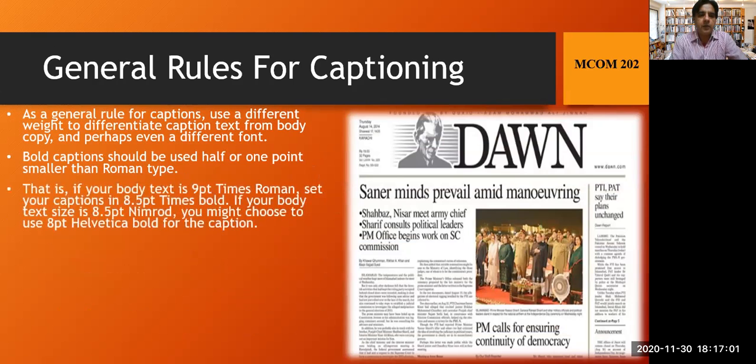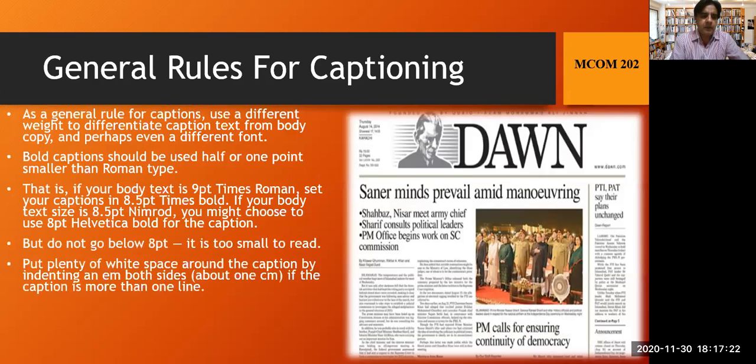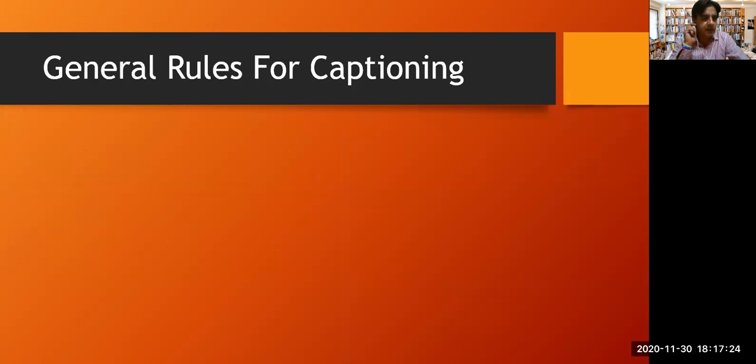So if your body text is 9 point Times Roman, set your caption 8.5 Times bold. If your body text size is 8.5 Nimrod or some other Kilbury, you might choose to use 8 point Helvetica bold for your captions. Similarly, you can use many kinds of techniques.